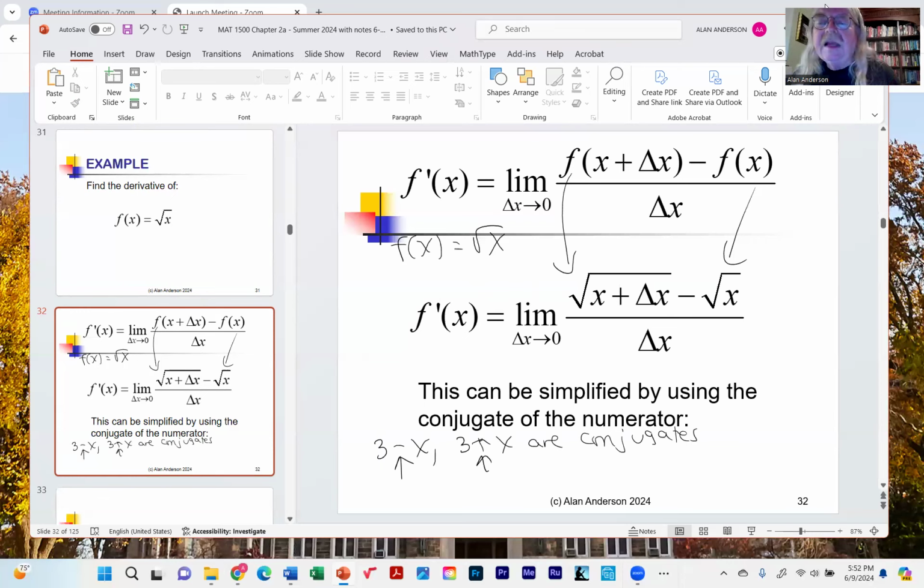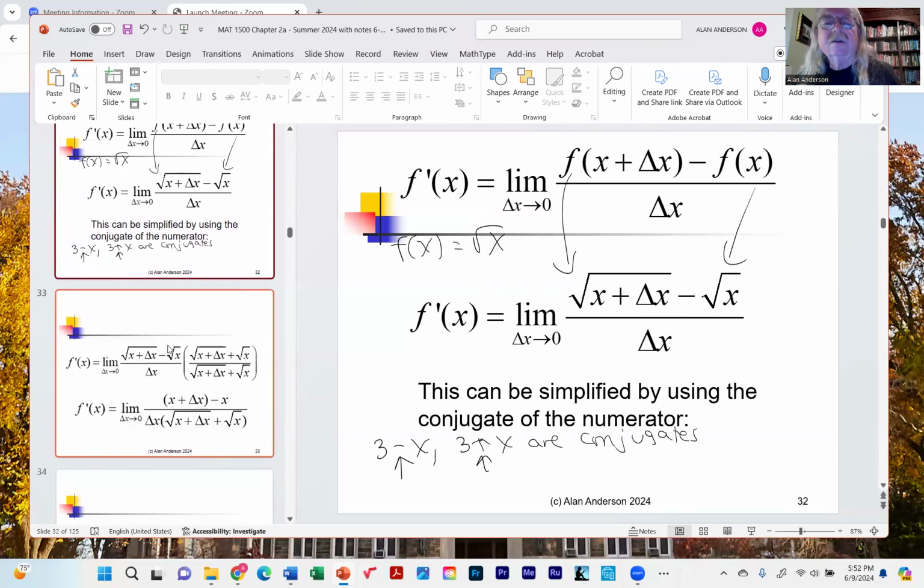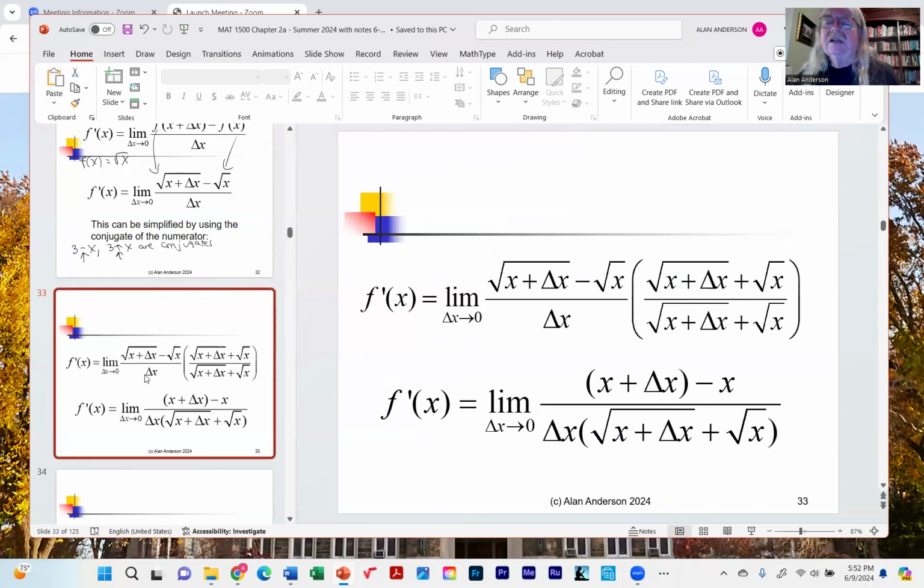That might give you a hint as to what we're going to do next. We're going to multiply this thing by a ratio of the conjugate of the numerator to itself. Let's see how that would work. Now, it looks like a catastrophic mess, and it kind of is. Don't worry, it'll work out.